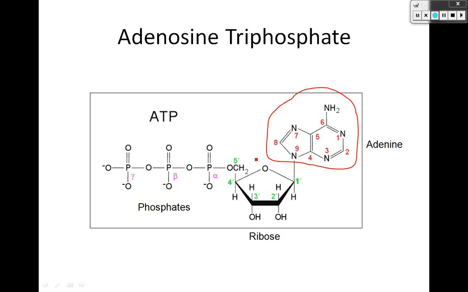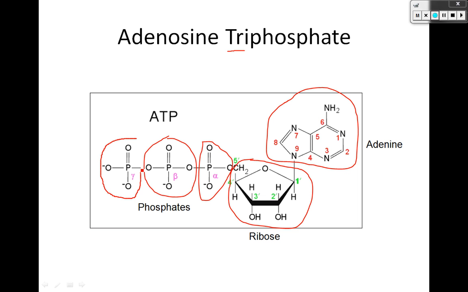Then it's connected to a ribose here, and that also is part of DNA, so you've heard of deoxyribo nucleic acid. That's where the ribo comes from. And then tri means 3, so 3 phosphates. Here's 1 phosphate, here's a 2nd phosphate, and here's my 3rd phosphate group. So it's adenosine triphosphate.